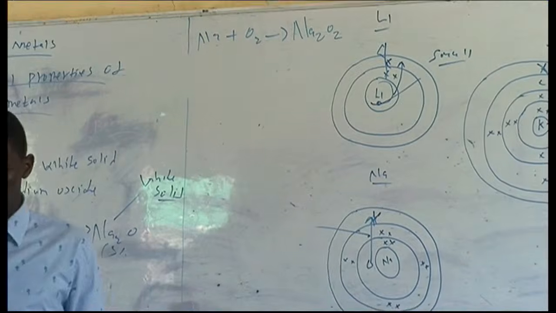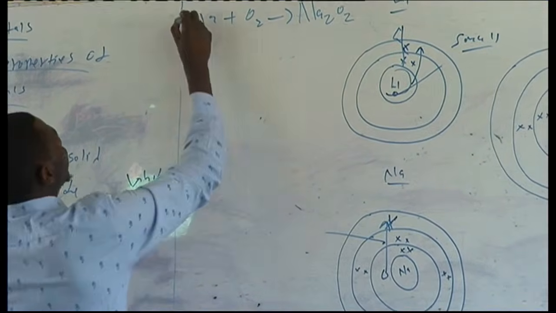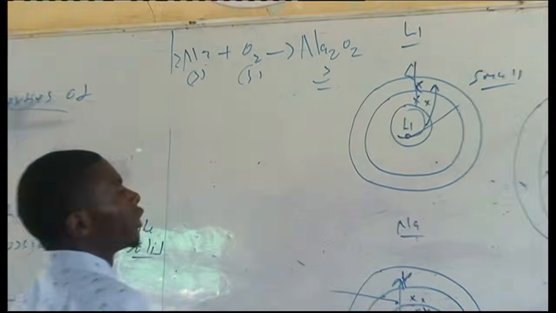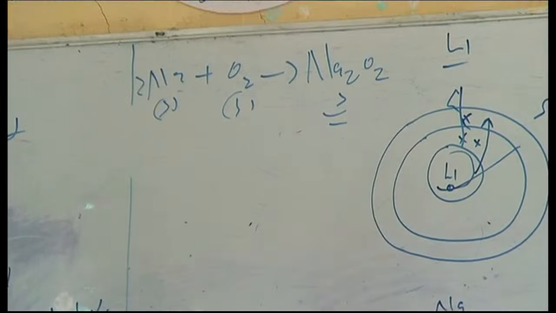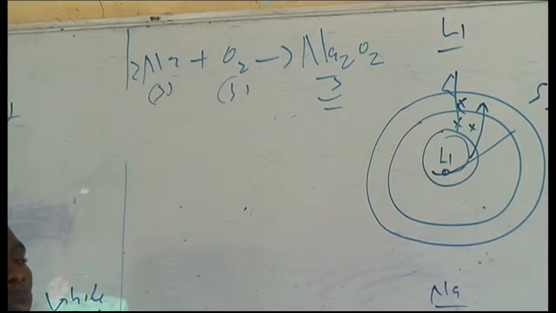If we balance the equation, we have 2. This one is solid, gas, and solid. So when there is an excess of oxygen in air, there is formation of sodium peroxide.